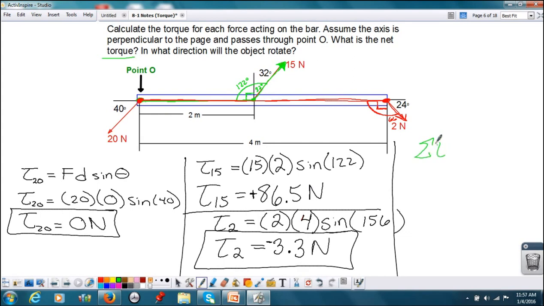Remember, net anything just means add up whatever it is. So we're going to add up all the torque. I've got the torque from the 20 plus the torque from the 15 plus the torque from the 2. Well, let's do that. The torque from the 20 Newton force was 0 because it was applied at the point of rotation, plus the torque from the 15 was a positive 86.5.